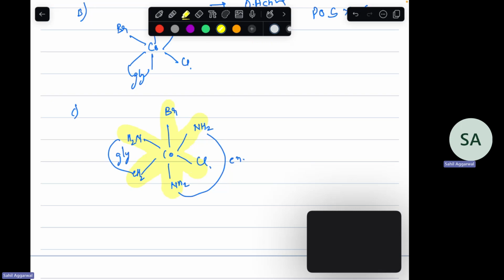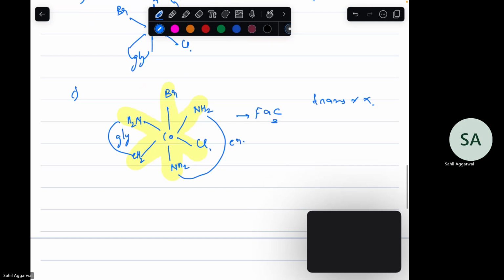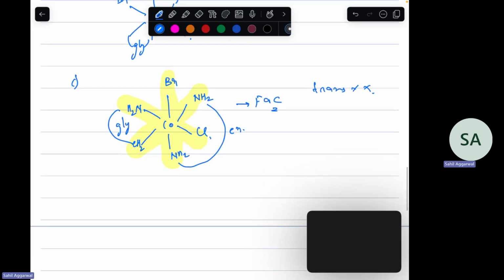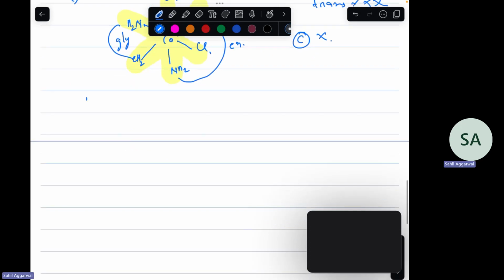The two nitrogen atoms, then it will be a fac isomer. It should be fac, maximum; trans will not be formed. If they are at 2 4 6, a fac isomer can be formed, it won't be a trans isomer. C will be wrong. D, all geometrical possible isomers are optically active.